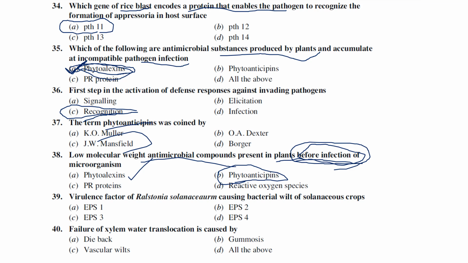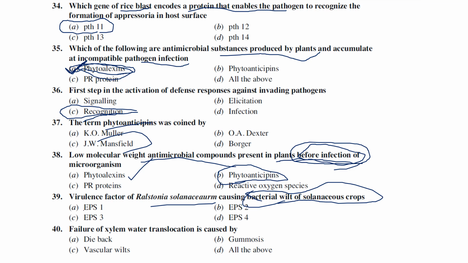Next, the virulence factor of Ralstonia solanacearum, which generally causes bacterial wilts or bacterial blights of solanaceous crops, especially potato and tomato. So what is the virulence factor of Ralstonia solanacearum which helps to cause the disease? EPS1, EPS2, EPS3, EPS4.